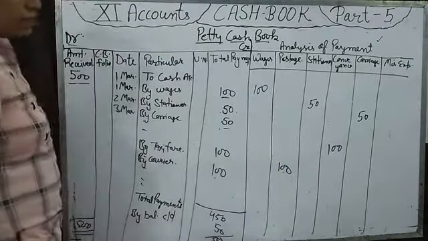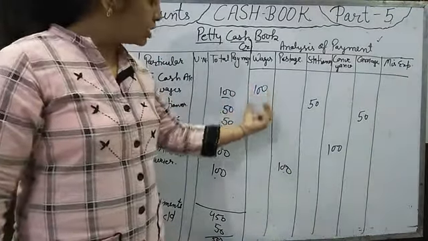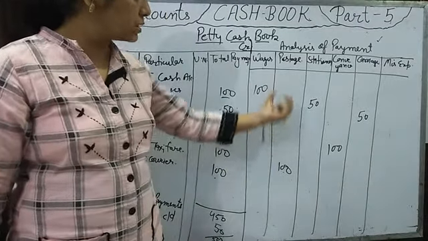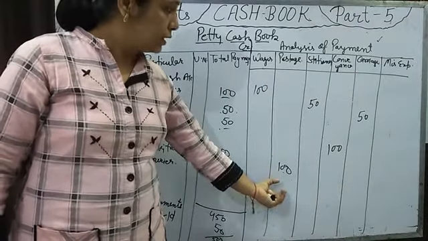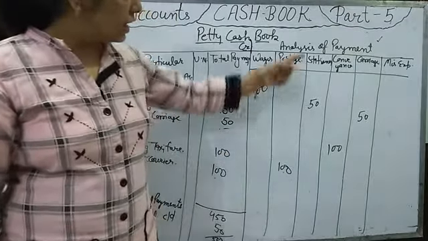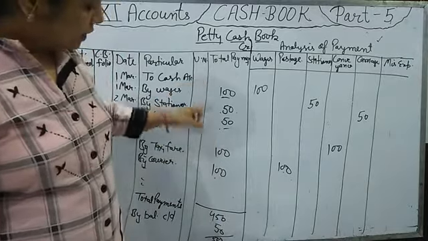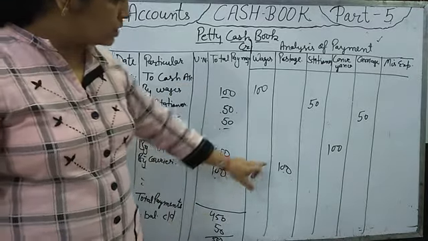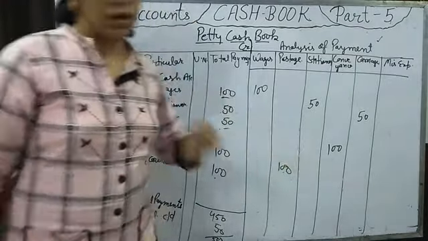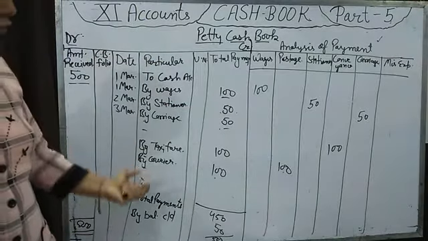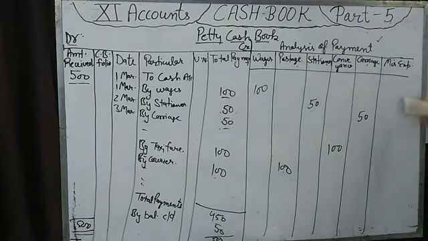It means that we will get how much total amount we have paid for the wages, how much for the postage, how much for the stationery, how much for the conveyance. We will divide this 450 rupees in 6 columns.